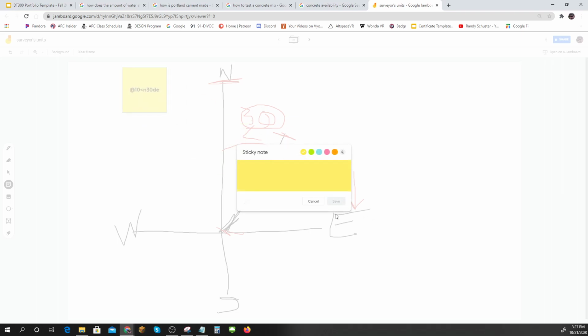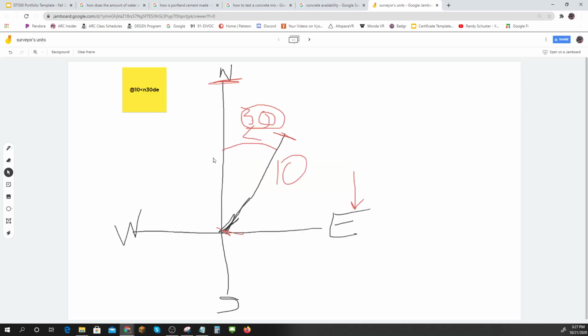That's how I would write that. From where I'm at, 10, and an angle, 30 degrees to the east. Start facing north, 30 degrees to the east.